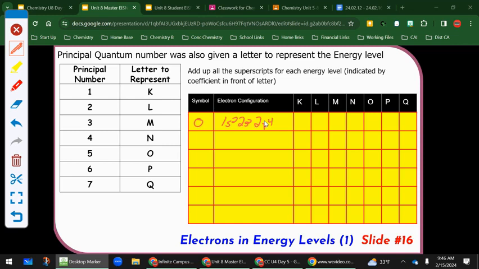How many electrons are in the K energy level? Well, what does the K represent?